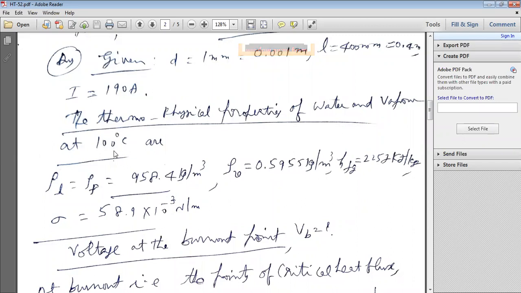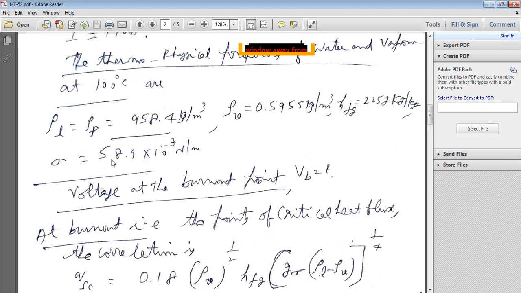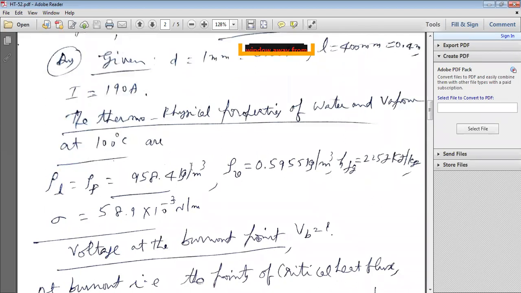The latent heat of vaporization of water, hfg, is 2257 kilojoules per kg. The surface tension sigma is 58.9 times 10 power minus 3 Newton per meter. All these values are to be noted down from the tables in the data book.